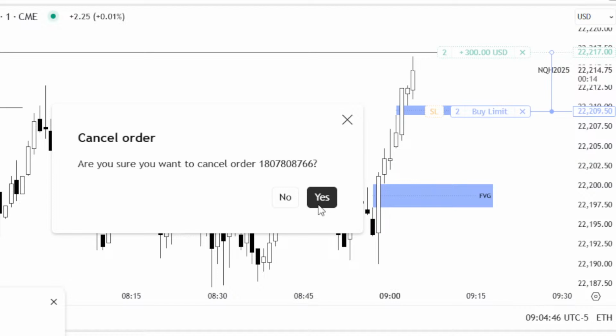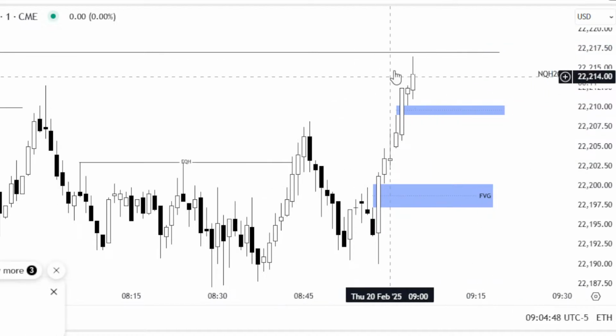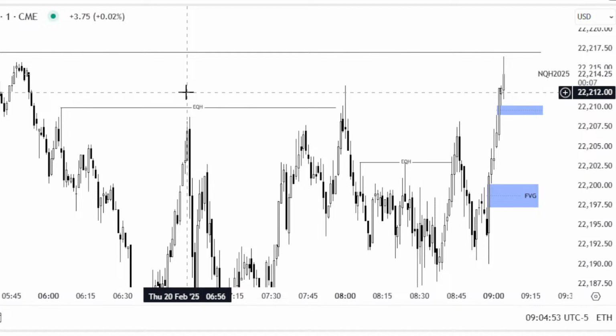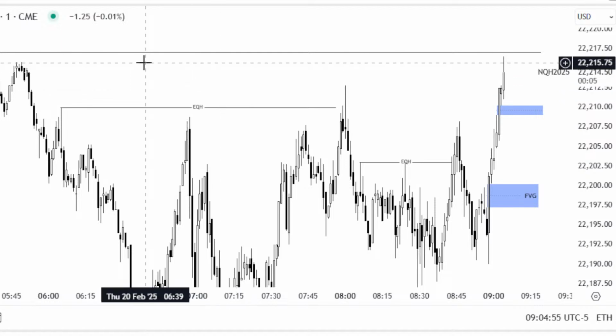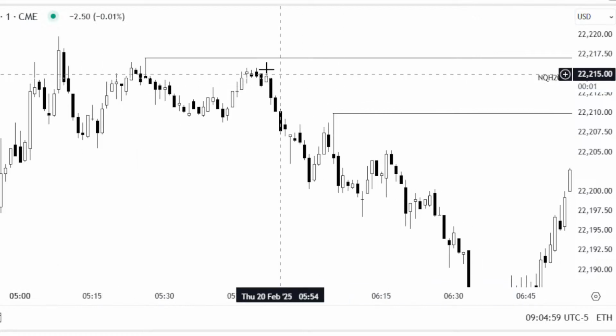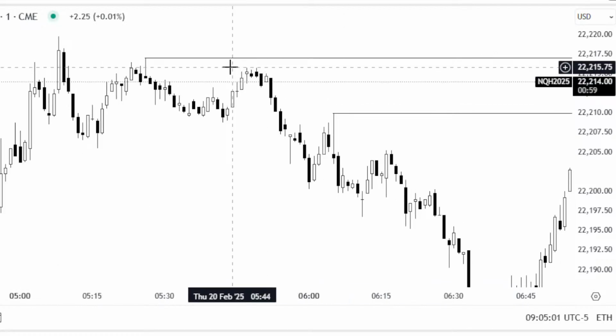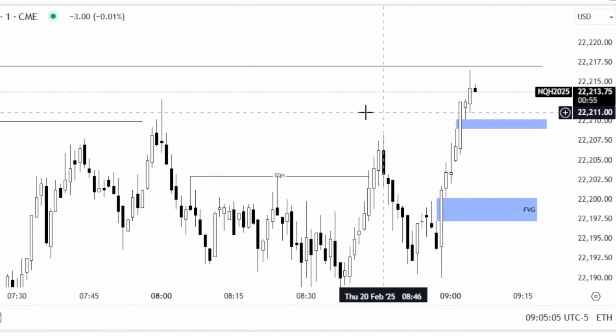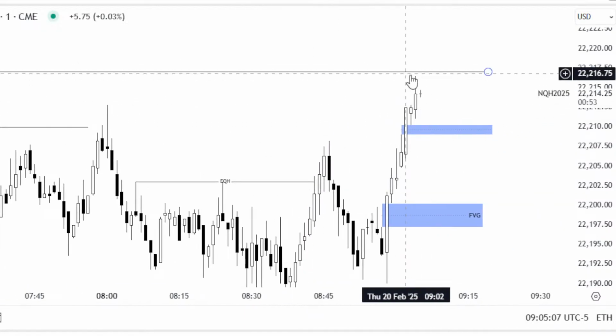Take it out, and the reason I'm taking it out is we have already gone there. Taking this, okay, so little two equal highs there. Creating new equal highs.